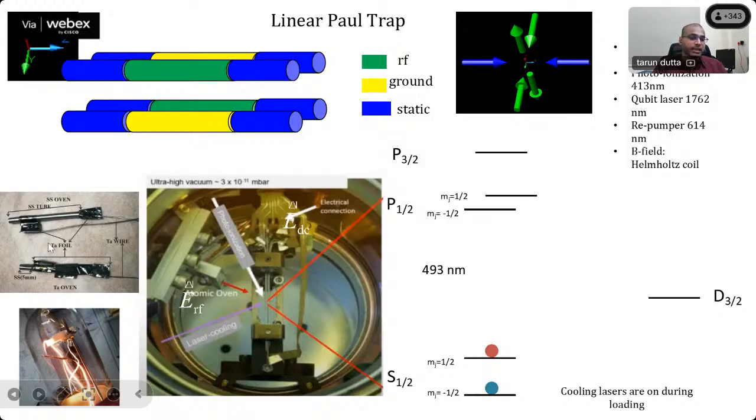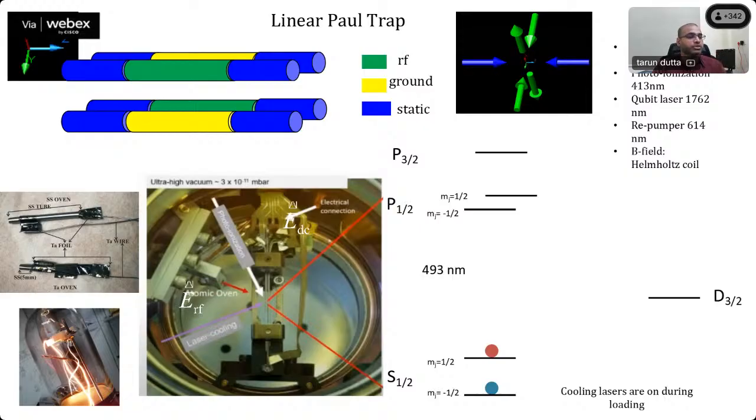The atomic oven is basically a tube made of stainless steel or tantalum, and we put barium metal inside. Barium is a solid, and one important thing is that barium reacts in air, so you have to prepare the oven inside a vacuum.